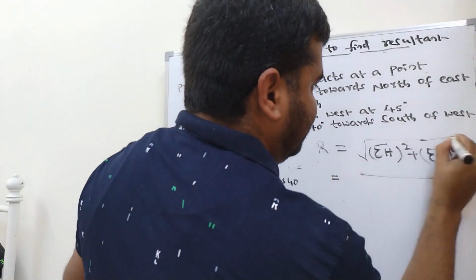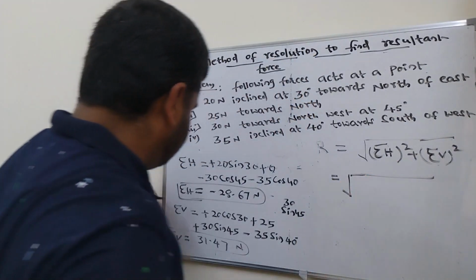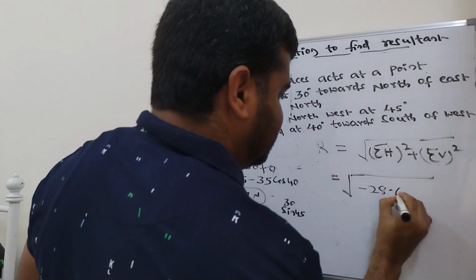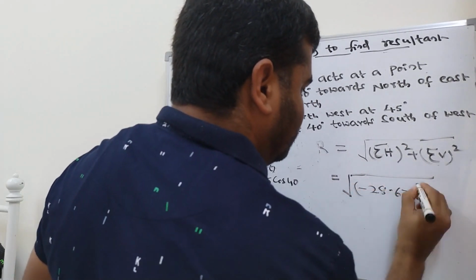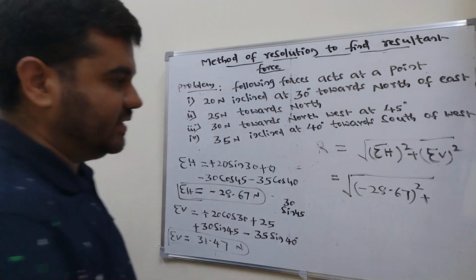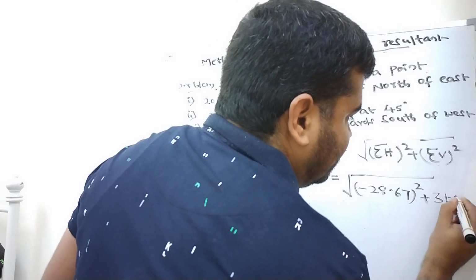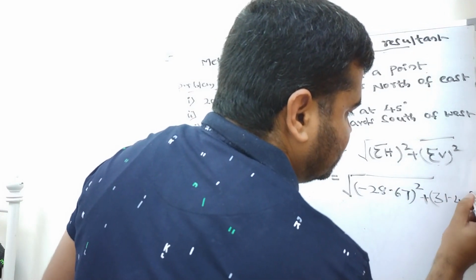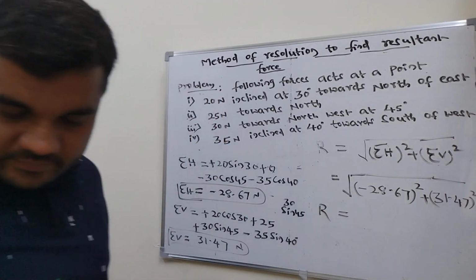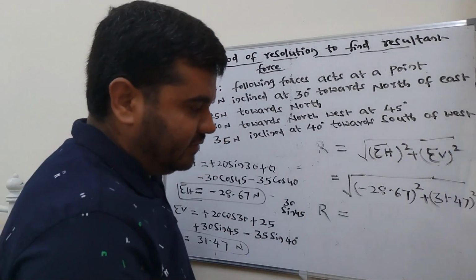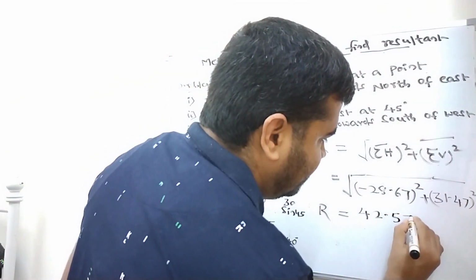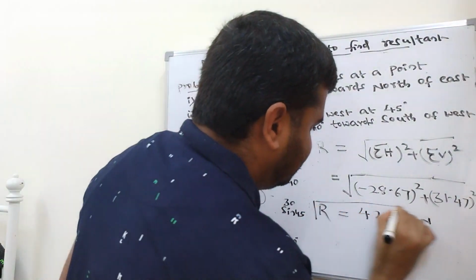Now I have already found the horizontal component, minus 28.67, whole square, plus the vertical component, 31.47, whole square. So after calculation, the total resultant force is 42.57 Newton. This is the resultant force.